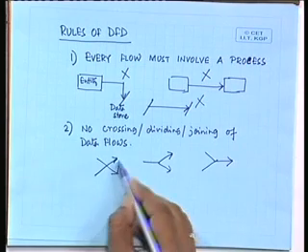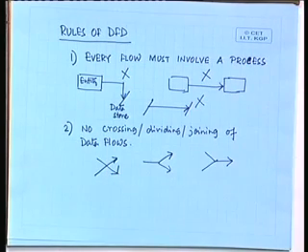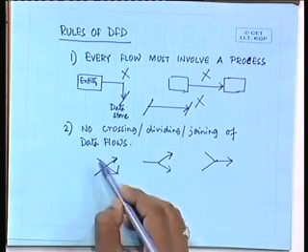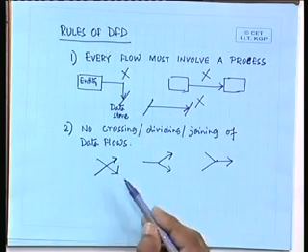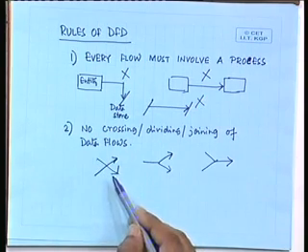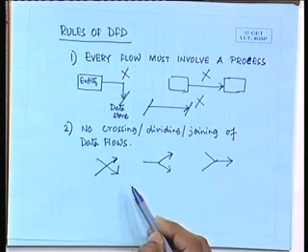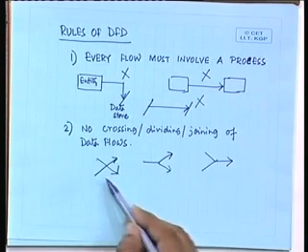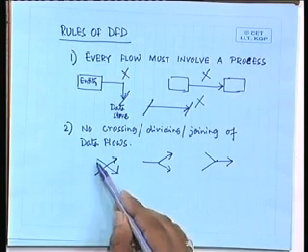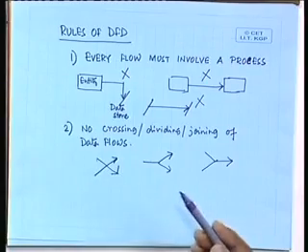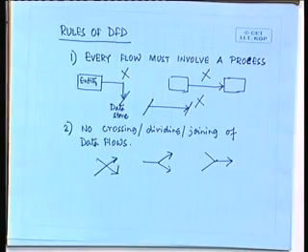Two data flows should not cross. As such, this is not a mistake per se, but this is a very wrong way of drawing a diagram. Crossing means you have placed your entities or things in such a manner that you could not put them properly so as to avoid the crossing of lines.